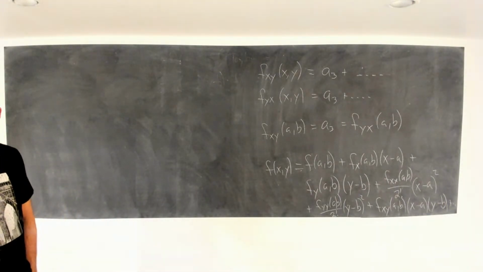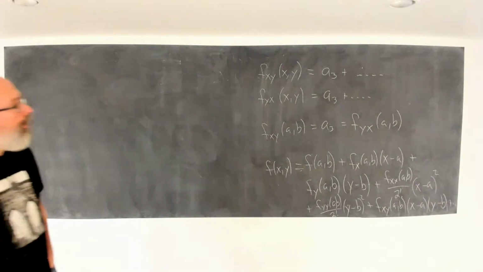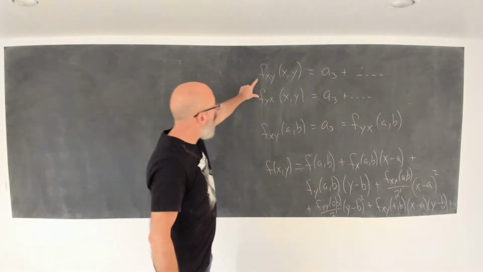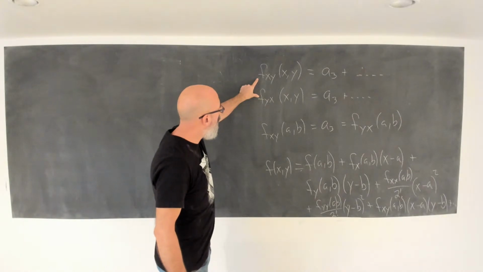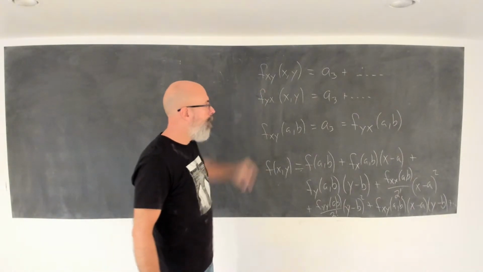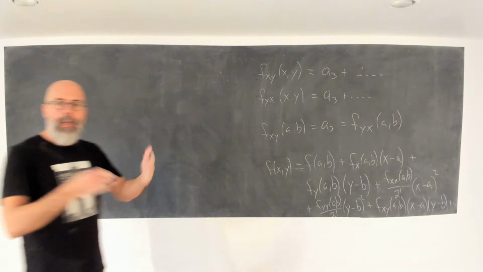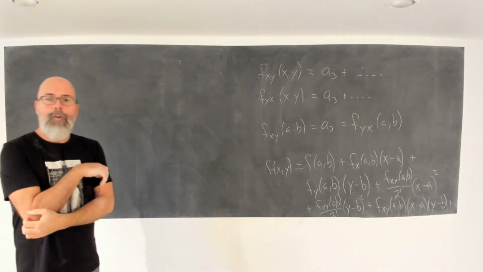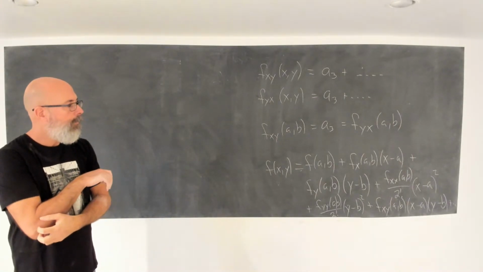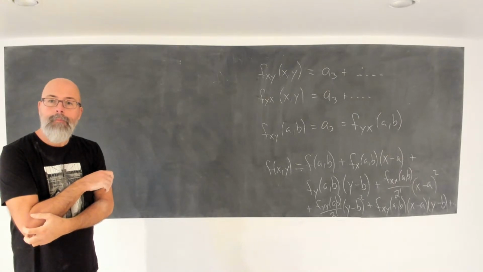We do not, right? Because the underlying assumption is that fxy is the same as fyx. And in the differentiation, no 2 arose.